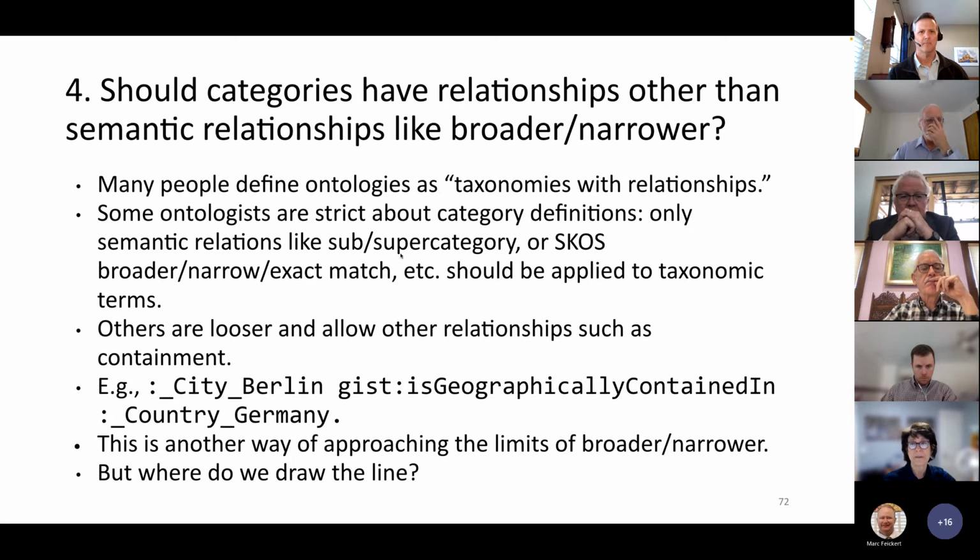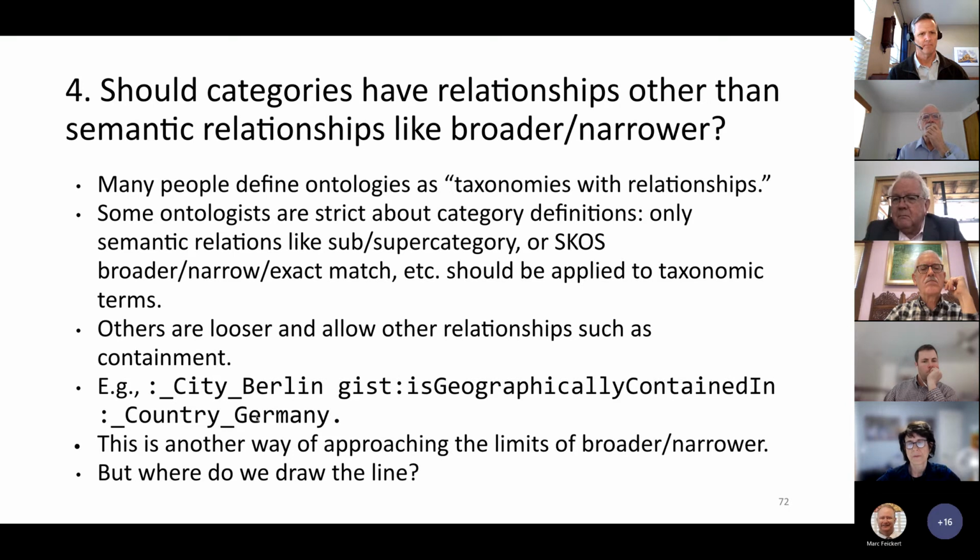In fact, that was my definition when I came into Semantic Arts, but I've seen some of our ontologists actually apply relationships. So for example, Berlin, and we're assuming that these are categories here, not data instances, is geographically contained in Germany. And so the question is, is this legitimate?